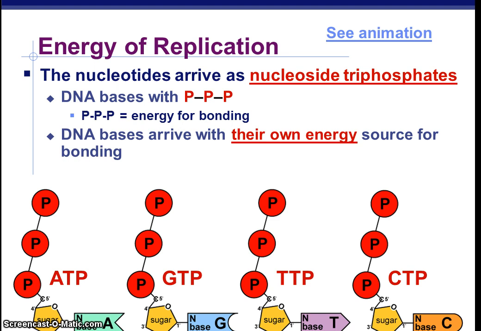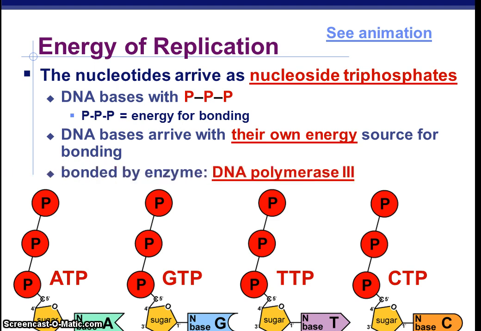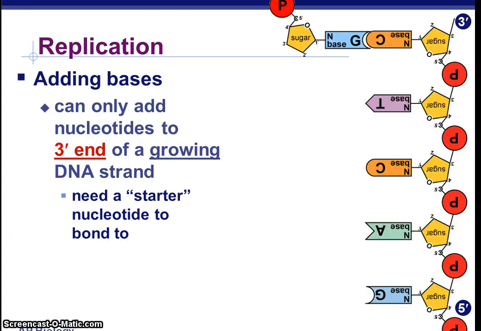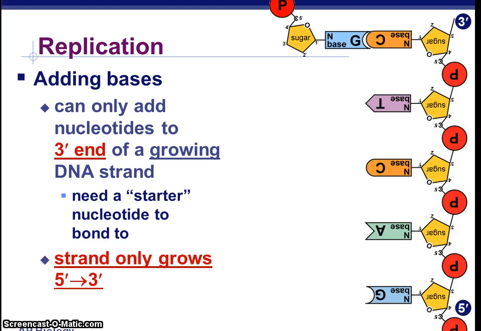And so they already have their own energy. They're bonded by the enzyme DNA polymerase. And so we can only add nucleotides to the 3' end of the growing DNA strand. So they need a starter that grows from 5' to 3'.